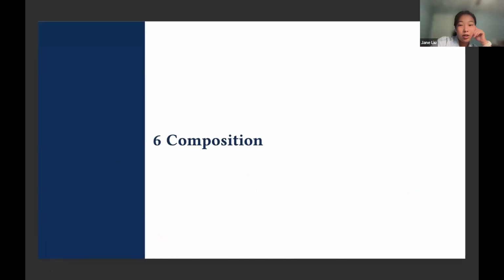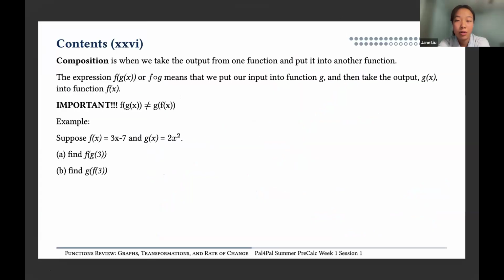Composition. We're going to talk about composition. Composition is when we take the output from one function and put it into another function. The expression f of g of x means that we put the input into the function g and then take the output g of x and put it into the function f.